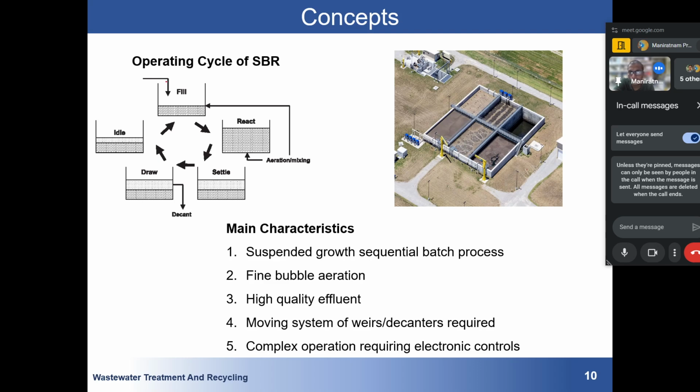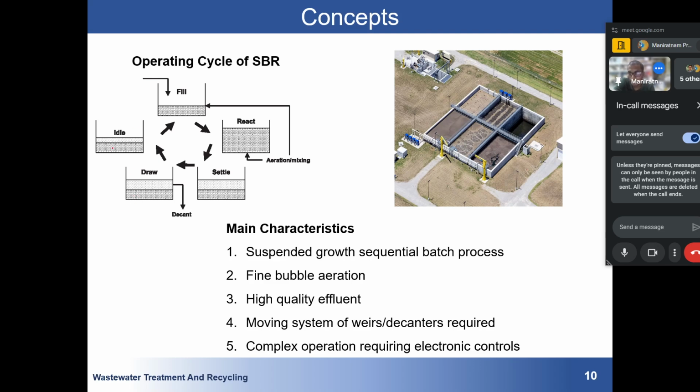But here you can see first water will be filled, then some aeration will be allowed, and that allows for some kind of reaction. With time the next stage is settlement, and the next is to draw the effluent. The solids remain in this batch reactor only.